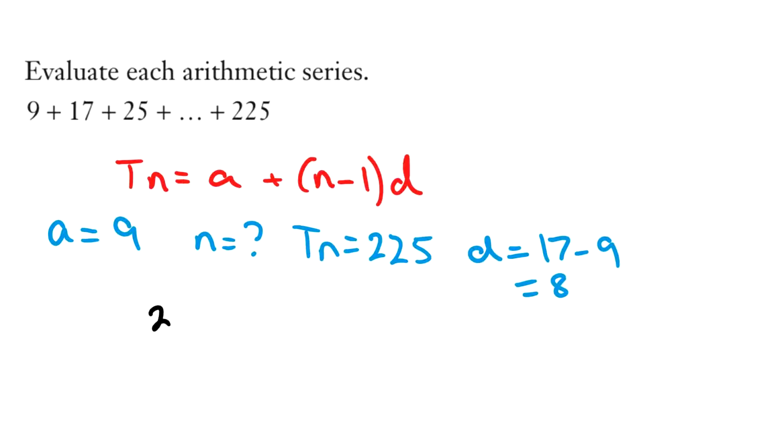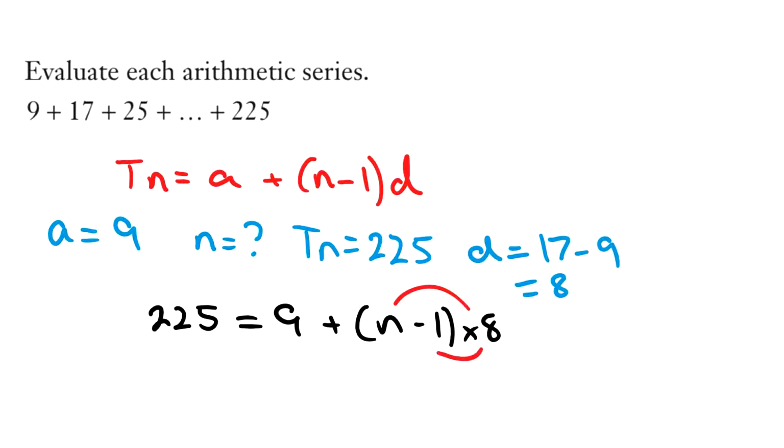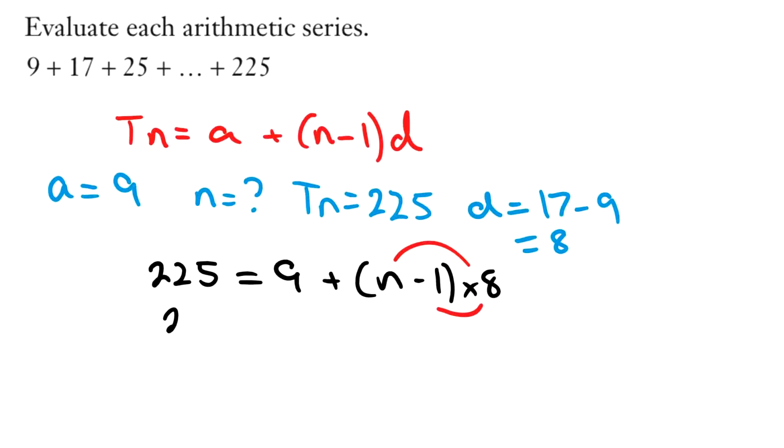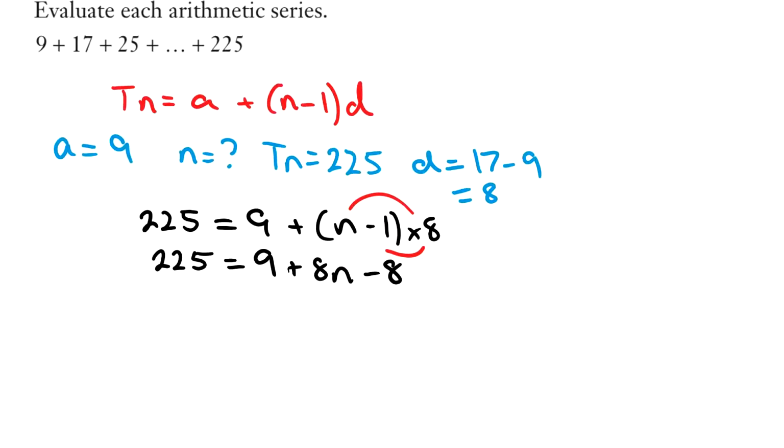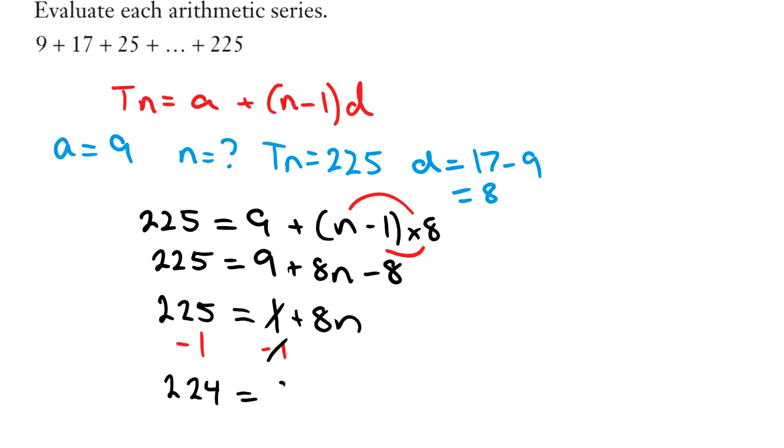So we can substitute these in to find our n value. I'll draw my arrows to show you what I'm doing. I'm expanding those brackets out there. Alright, now we can simplify this down. Solve it like a regular equation. Whereas that cancels out.